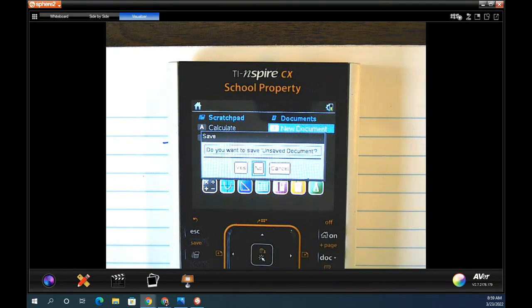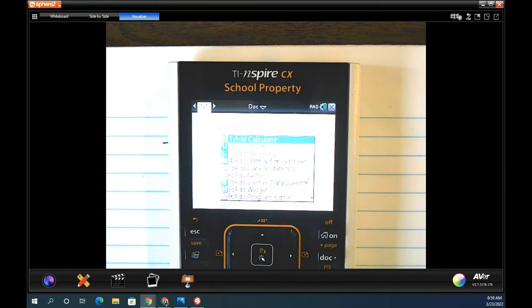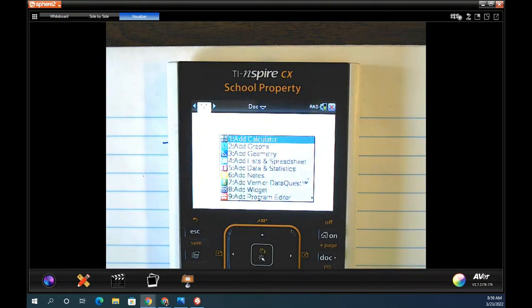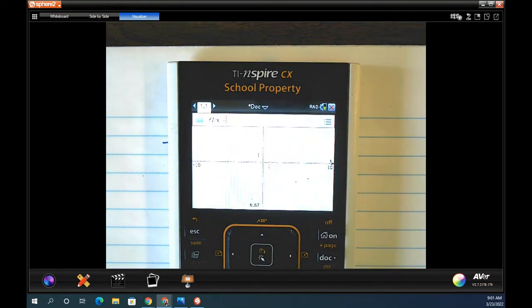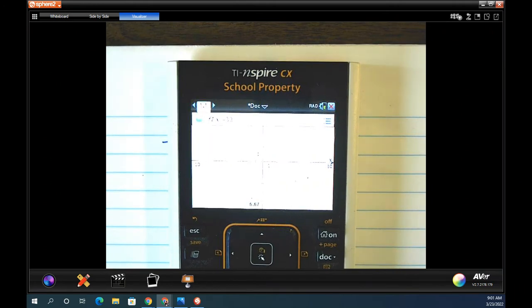Always know. And we're going to add a new graph. All right. Here's the thing we're going to do. Our number is 32. So we're going to type in 32 divided by x. Just like that. Okay?